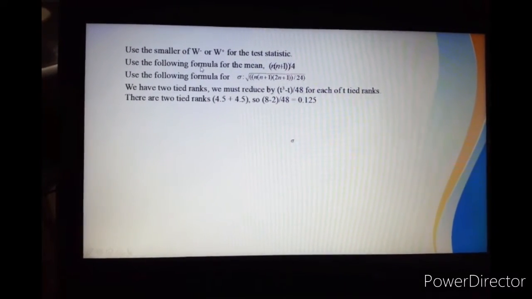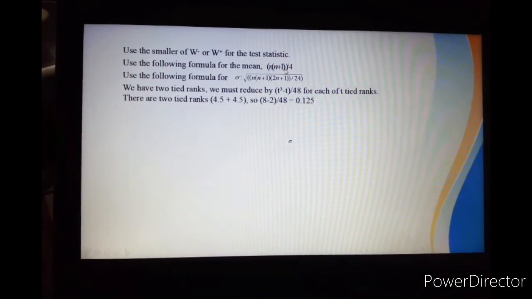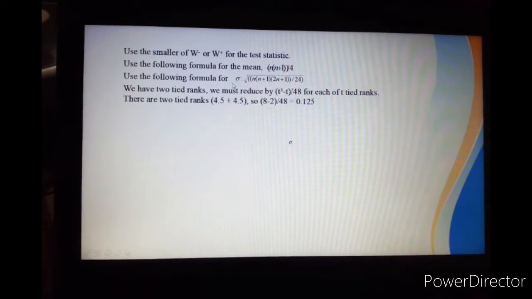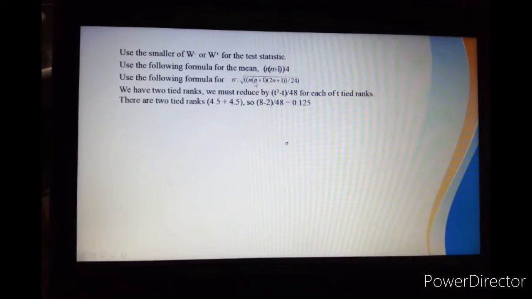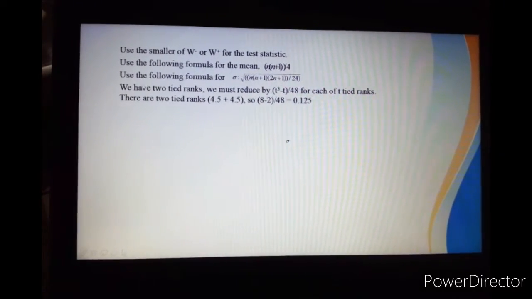Next, use the following formula for the mean: n times n plus 1 divided by 4. Next, we use the square root of n times n plus 1 times 2n plus 1 divided by 24.